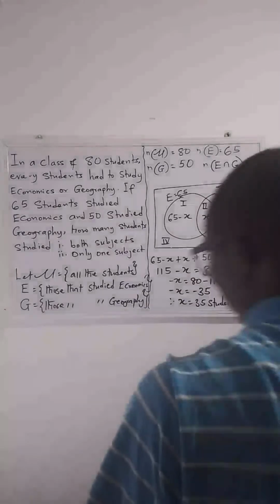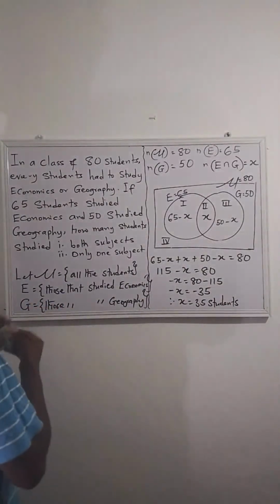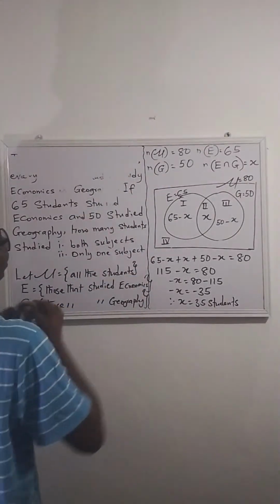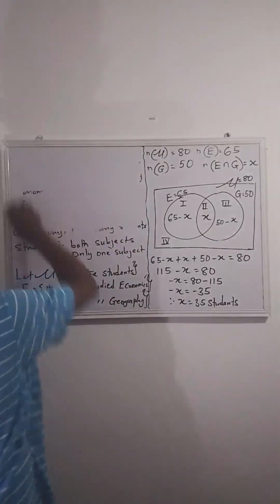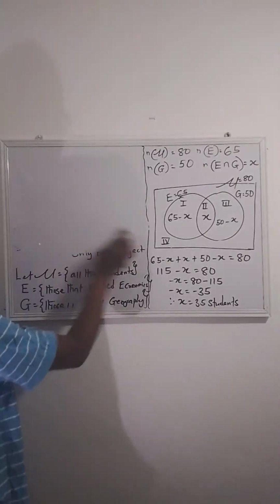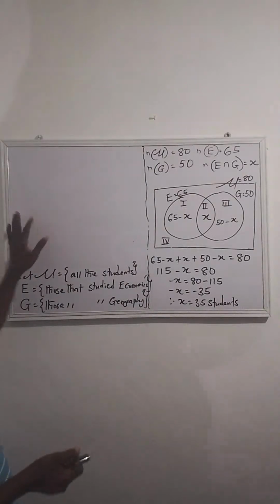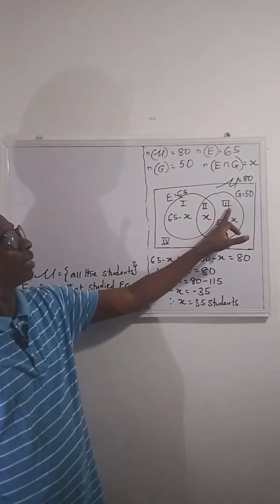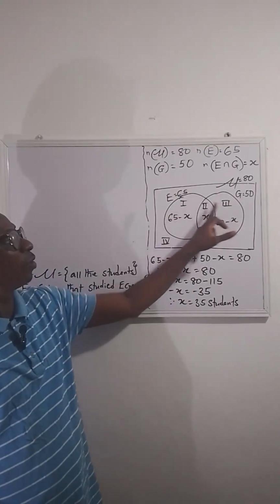Now let us solve the problem together. The question is asking for the number of students that study only one subject. Now, when you look at the diagram, part 1 and part 3 are those that studied only one subject.